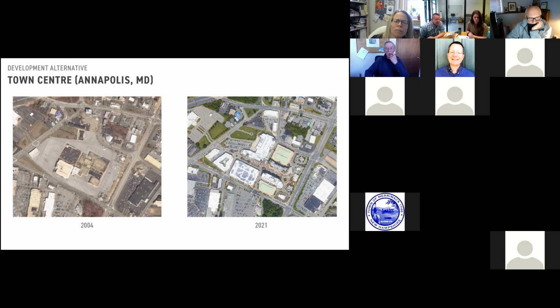The mall itself is a little smaller than Steeplegate, but you can see the lovely development that was created here, new streets and streetscape, a series of roundabouts that manage the pace of traffic through the development proper, structured parking, providing for a lot of activity on the site. And that looks like this today.